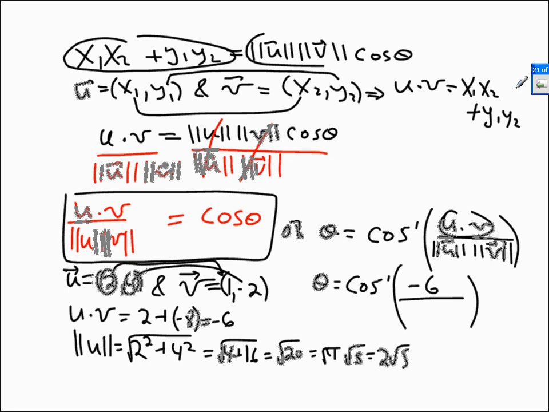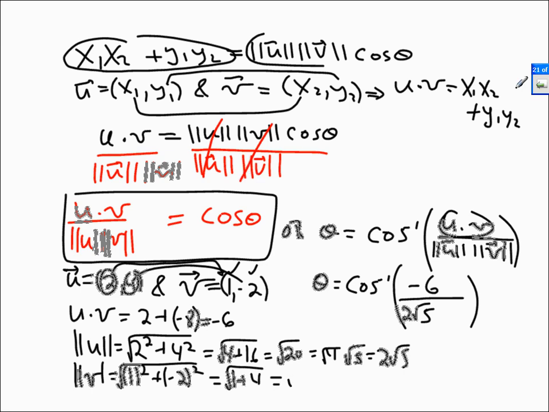It's 2 square root of 5. Okay, the length of u is 2 square root of 5. What is the length of v? Well, you square 1 and negative 2. 1 squared plus negative 2 squared, the square root of that is 1 plus 4, square root. It's the square root of 5.